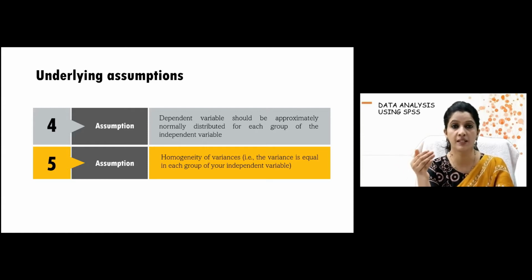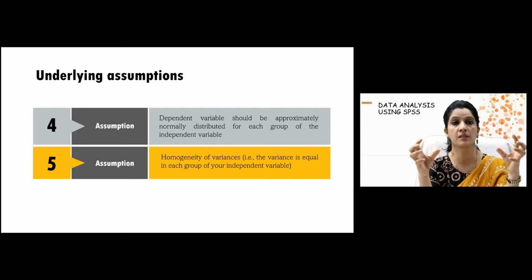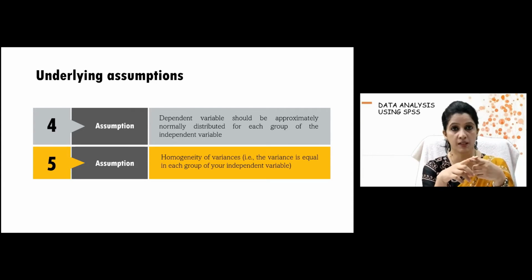So variance tells you whether the populations from which you've drawn the samples are equal or not. There should be homogeneity of variance in case of a student t-test. Otherwise, we will use the Welch test value for reporting our result. We'll see that in the subsequent slides.